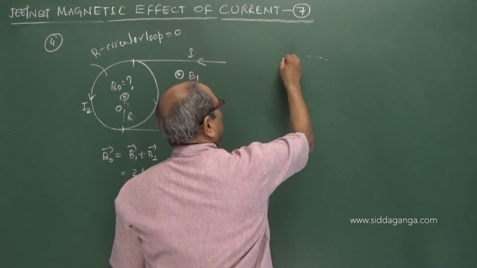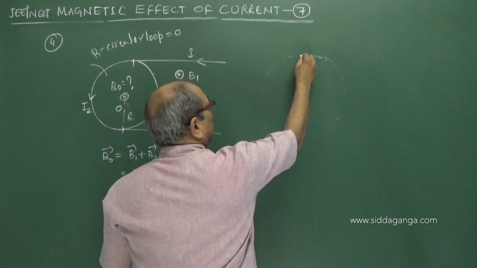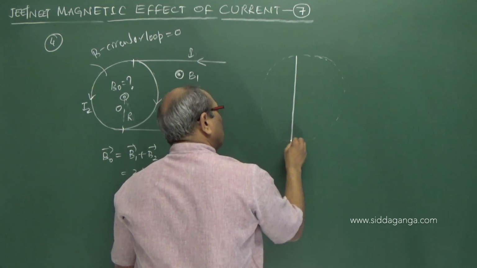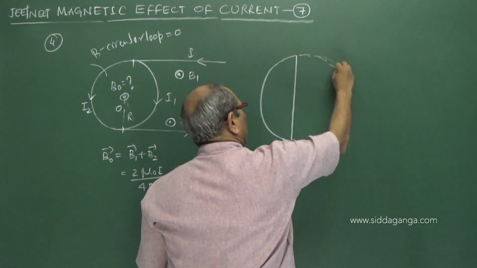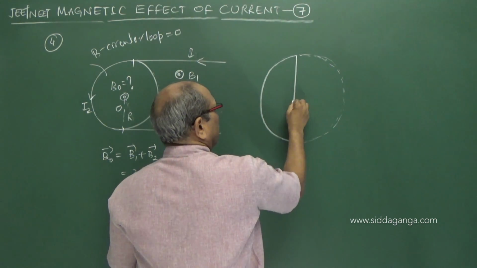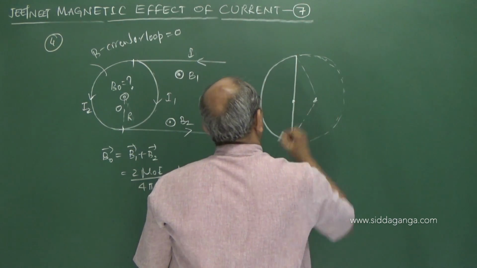Let us see another example. So the wire is like this, part of a circle. This completes a circle, and if we join, that may be the center.